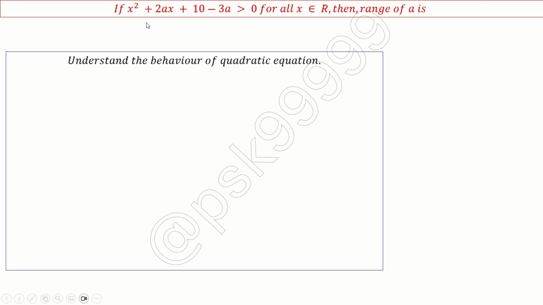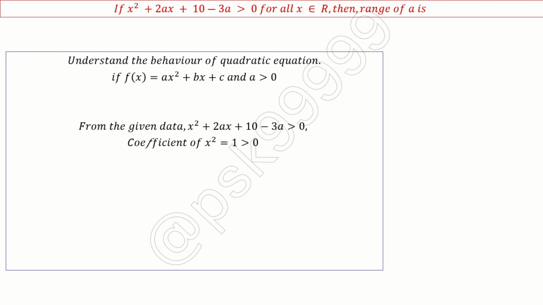A quadratic equation doesn't have roots when its discriminant is less than 0, and it is completely positive if the coefficient of x square is positive, right? So this satisfies all the conditions here. The x square coefficient is 1, which is positive, and this polynomial is greater than 0, which means it doesn't have roots, which means the discriminant is less than 0.